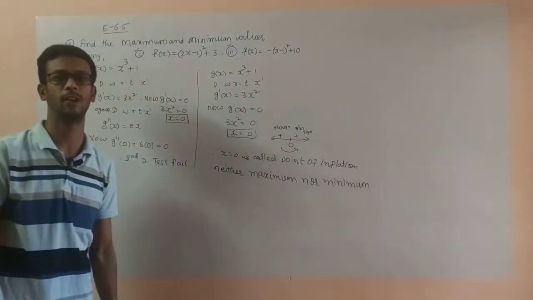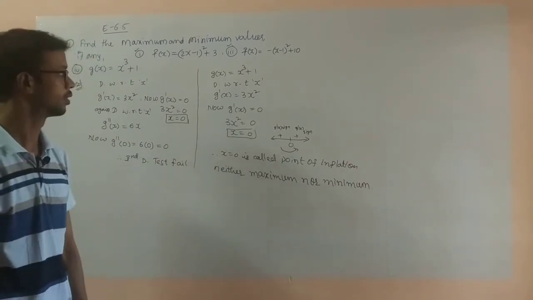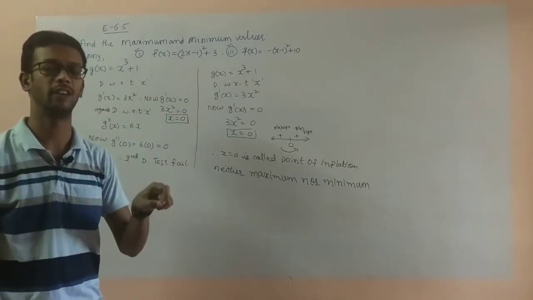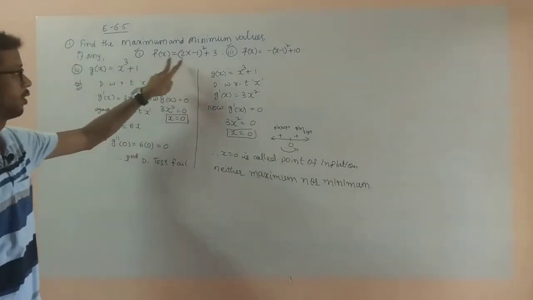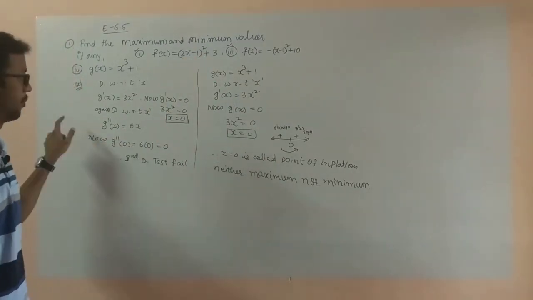Point of inflection is nothing but neither maximum nor minimum. So this is the only problem where the second derivative test has failed. The remaining 2 problems you can take as homework. Leave space for the 2 problems and pause the video to note it.